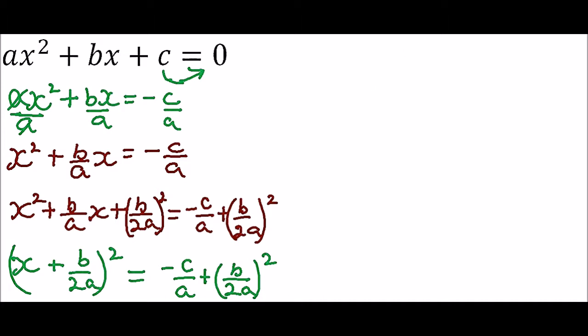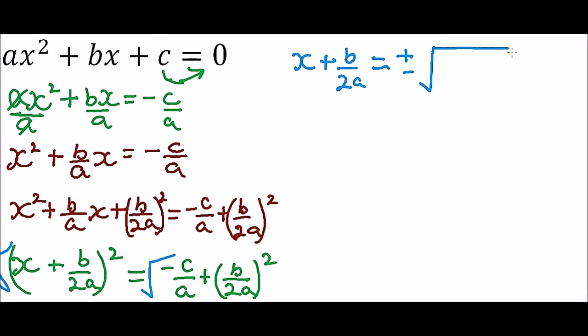From there we take the square root of both sides. So the square root of this side and the square root of this side. So we will have x plus b over 2a equals plus or minus the square root of minus c over a plus b over 2a in brackets squared.